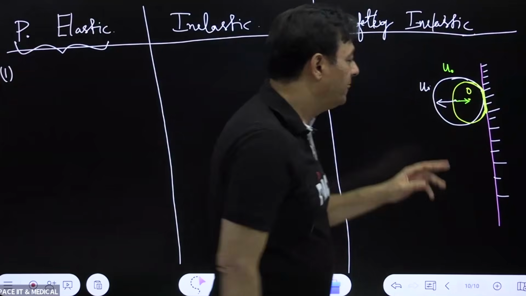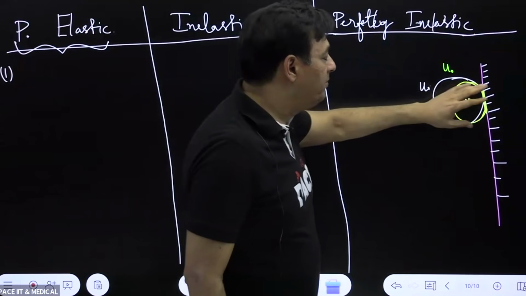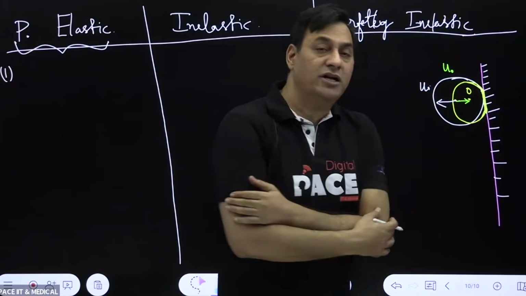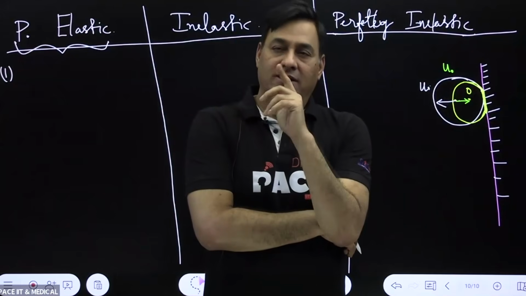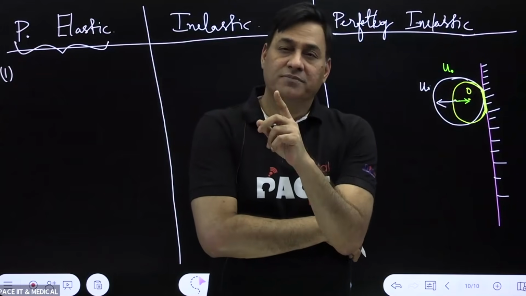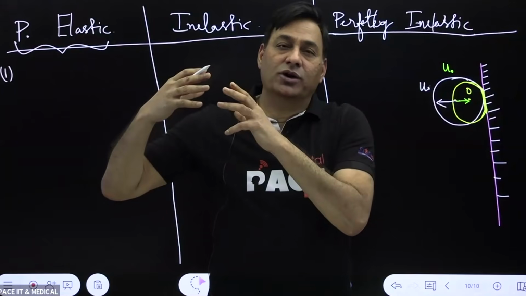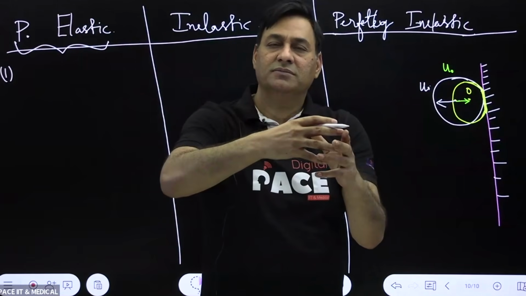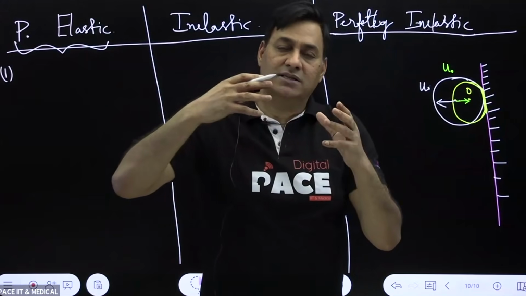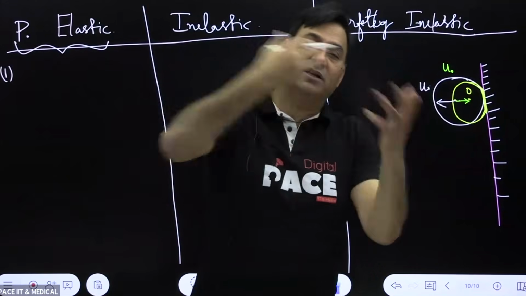My question, in any collision of any kind, is there a temporary deformation of the bodies colliding? Yes or no? Yes. There is temporary deformation. Is there kinetic energy going to be converted to some other form during the collision? Potential energy. This is elastic potential energy, or you just say some other form.